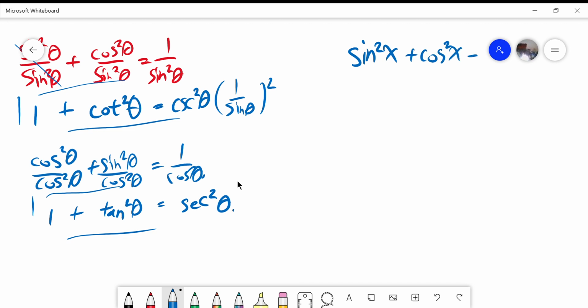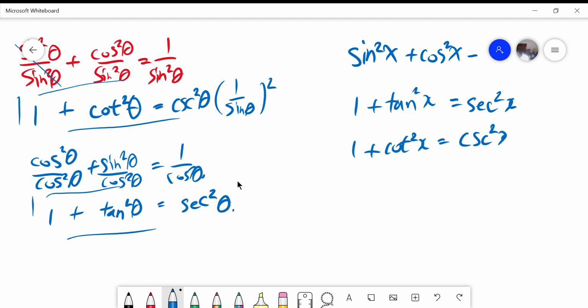And we also know that 1 plus tangent squared x equals secant squared x, and we also know that 1 plus cotangent squared x equals cosecant squared x, and we are done.